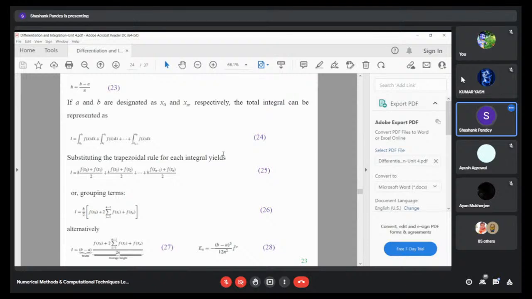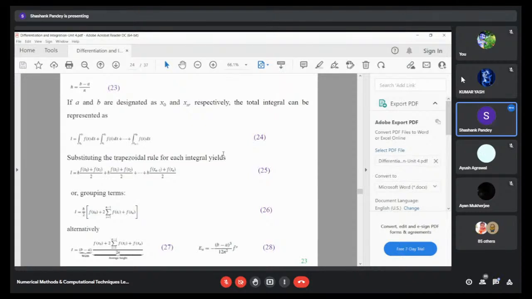Here the function values at the extreme points are simply added up. However, we multiply the function values at all the internal points by a factor of 2, and the whole value is multiplied by a factor h by 2. Here h is nothing but b minus a divided by n.